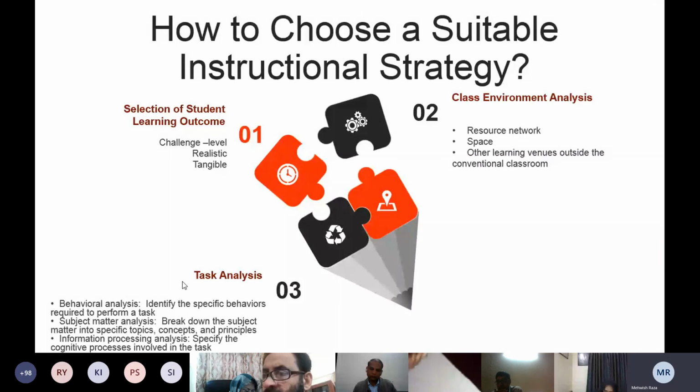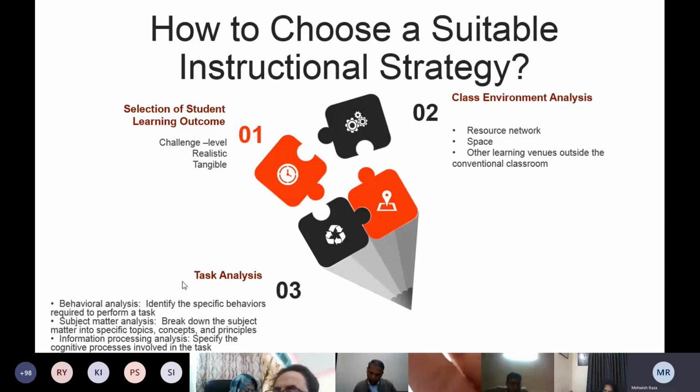You should also analyze the tasks. What are the behaviors that you want the students to master? You know, you must have a specific behavior expectation in your mind that you want the students to exhibit during their task. What is the subject matter that you will accomplish or you want to accomplish through this task?